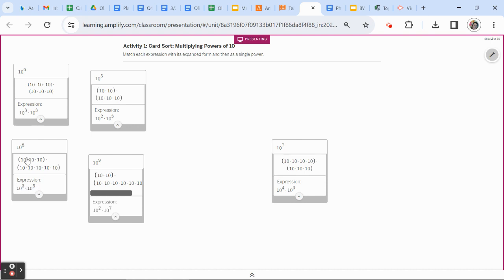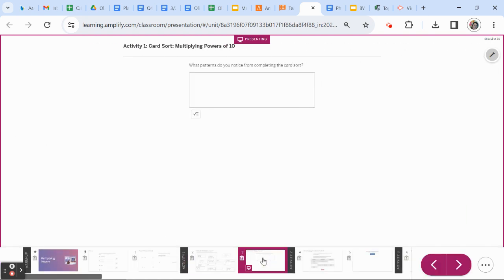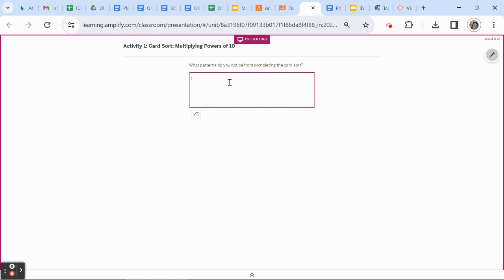So 3 plus 5 makes 8, and that's why that's 10 to the 8th power. It's like you're simplifying how many exponents you actually have. So what patterns do we notice? Exponents are added.